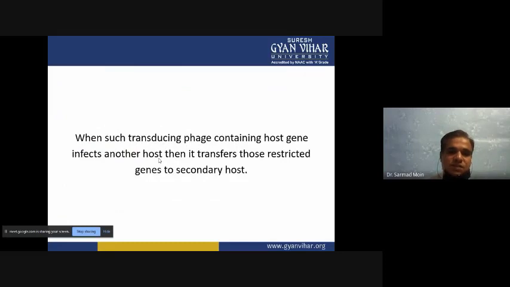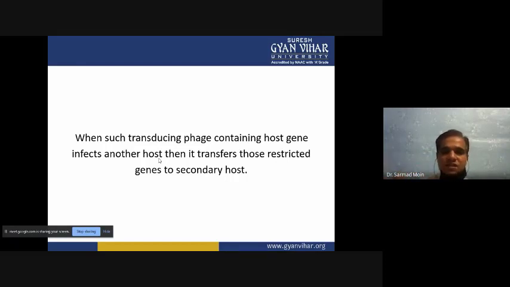When this phage DNA binds in between the host DNA and creates its own copies, it will take those genes that are there in the bacterial genome into the newly created bacteriophage.